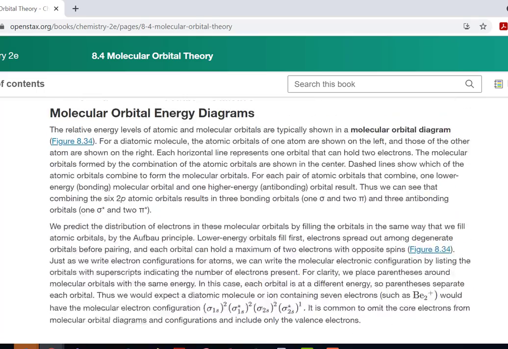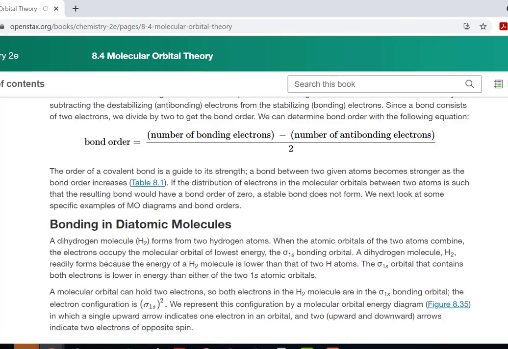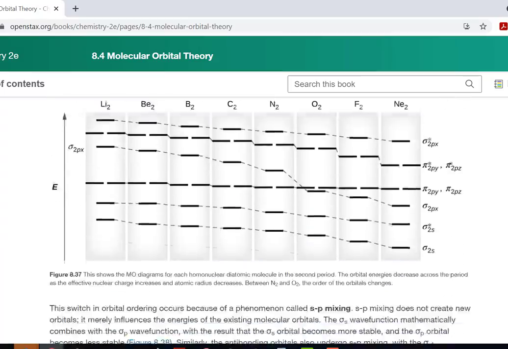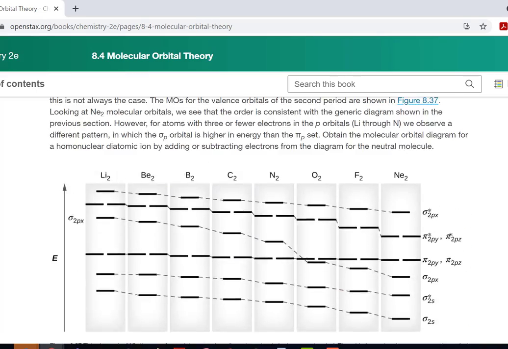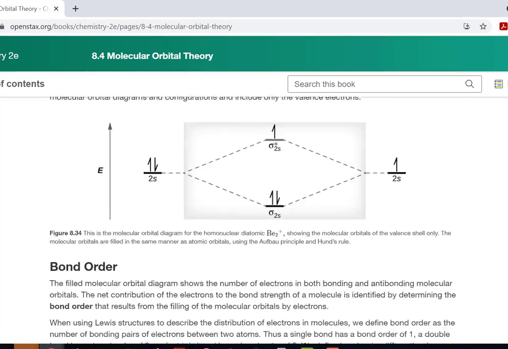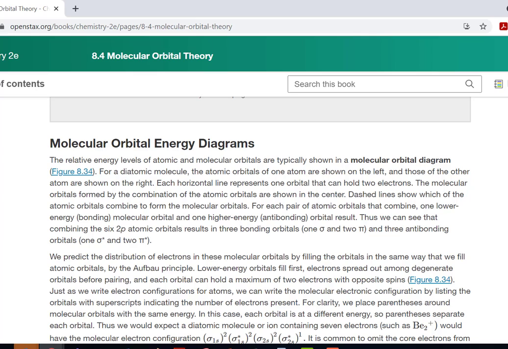This will become important if you take additional chemistry courses, and it's a good way of understanding what's going on here from that standpoint. But you can see it gets really complicated here. So we'll go ahead and leave off there, and that concludes Module 8.